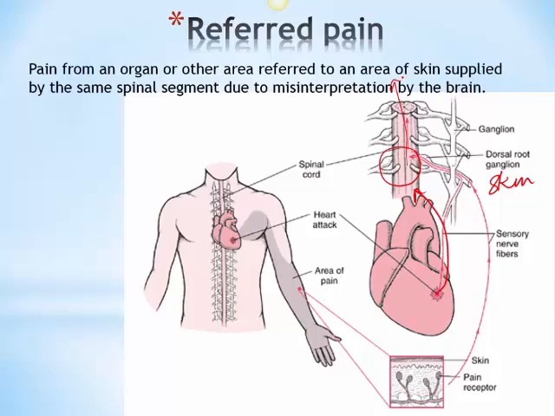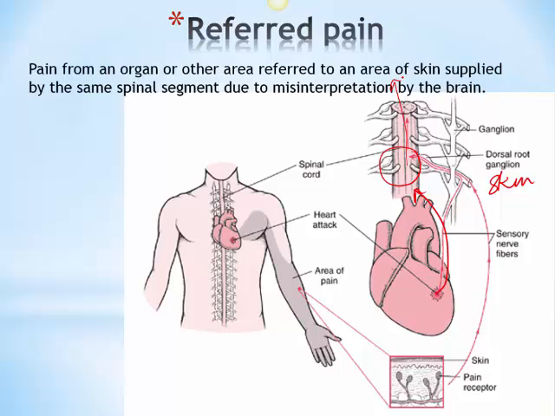But because surgeons and physicians know which areas share that, we can automatically diagnose where the problem is lying. And that's the basis of referred pain: the misinterpretation by the brain of pain coming from an organ, but referring it to an area of skin because they share the same spinal segments.